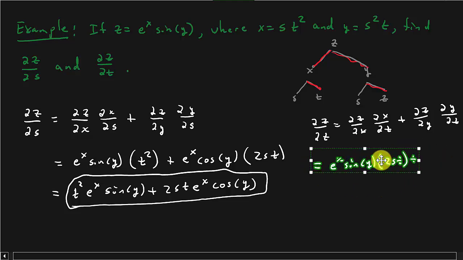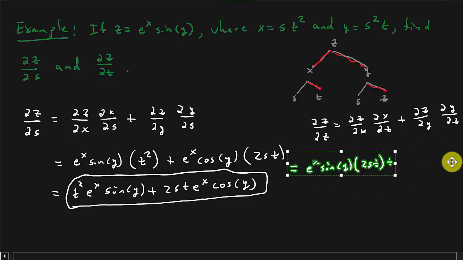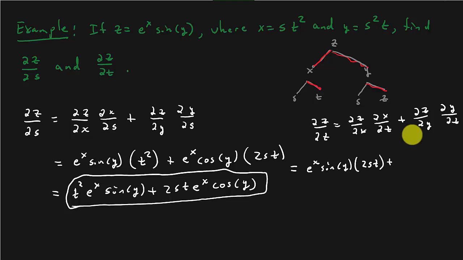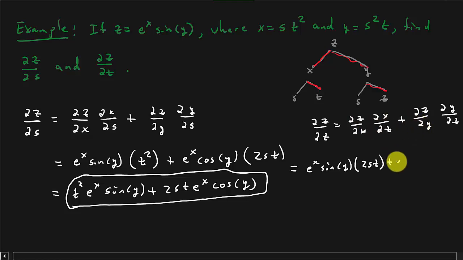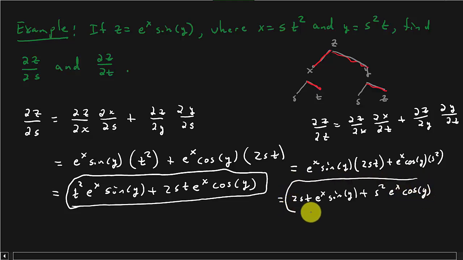I didn't leave myself much room to work these problems, did I? The partial of z with respect to y is e^x cosine y, and then the partial of y with respect to t is just s squared. And so this is going to be 2st e^x sine y plus s squared e^x cosine y. And then this would be your answer.